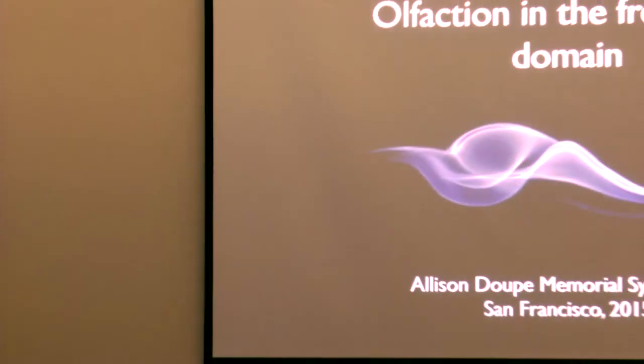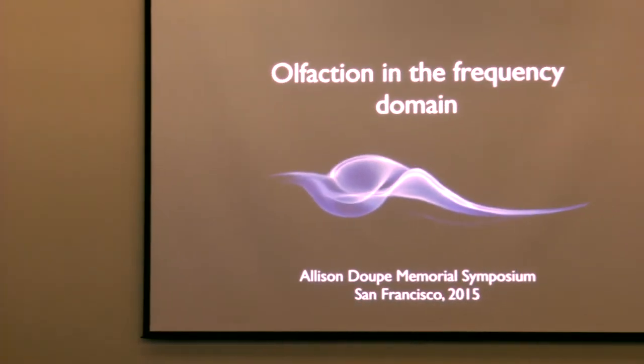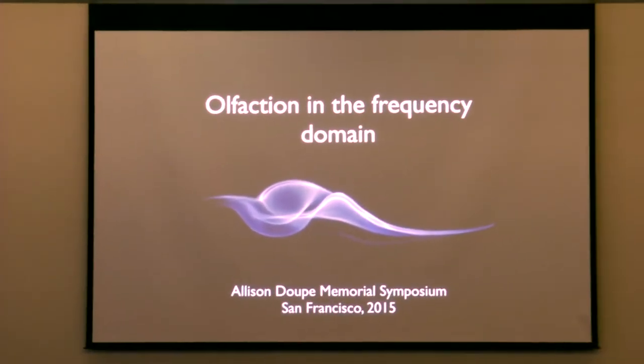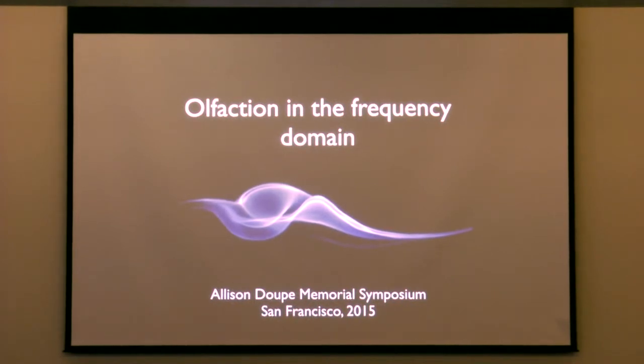Kathy. Thanks, Steve. So I'm going to start with science and talk a little bit about Allison at the end. One of the things that was, I think, unique to Allison's scientific approach is that she was always very motivated by these questions of natural behavior, neuroethology, especially thinking about what are the actual stimuli that an animal is going to encounter in its environment as it's doing its thing.